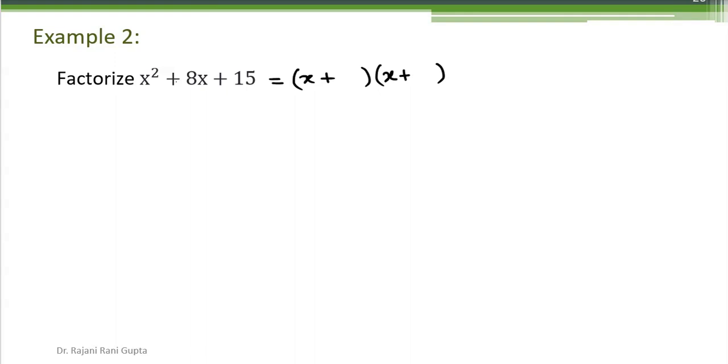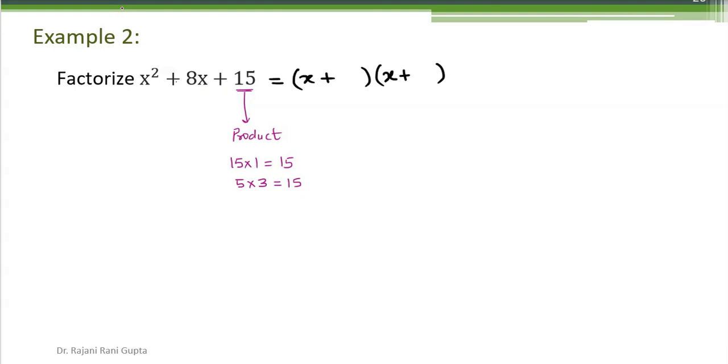Now we are looking for two numbers which give you a product of 15. You can write 15 times 1, that gives you 15. The second option is 5 times 3, that gives you 15. So you need to check which pair fits here, 15 and 1 or 5 and 3.